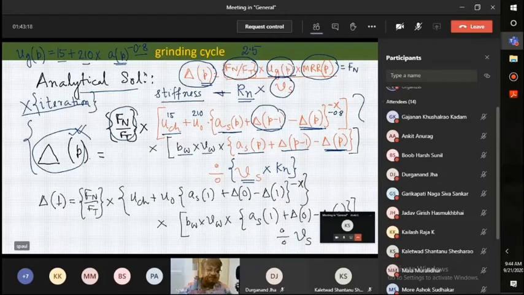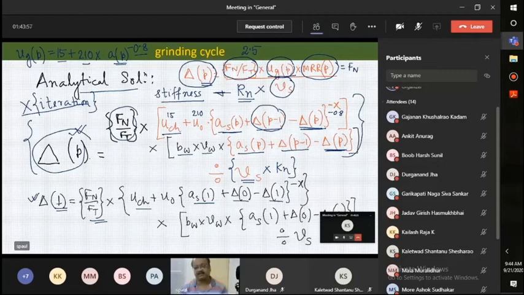Acha, this is coming here. So this is once again 0 because this is the first pass. This is not 0. This is the same thing over here divided by Vs into Kn. I was missing Kn everywhere. So in this way, the analytical solution can be done. And if you are doing the analytical solution, then iterative solutions need not be done.